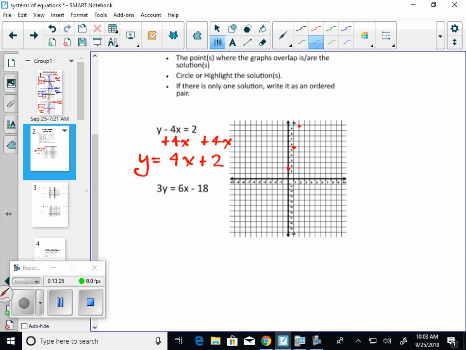And then I probably need to go backwards. And then I can go ahead and draw a line through my point so I have a nice linear graph. And then I'm going to look at the next problem.